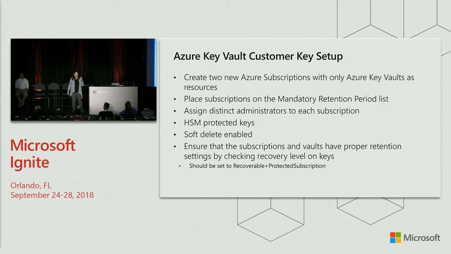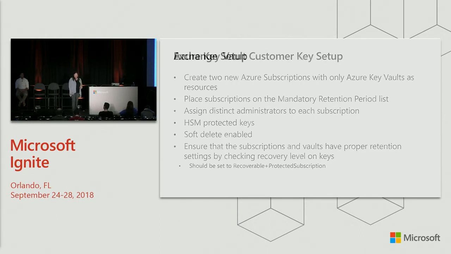If it's set to this particular value, then both of those things are on in your subscription and on your vaults. We actually check for that. So if you try to create a data encryption policy where the keys are not set to this particular value, it will fail. Because we want to make sure that you're protecting yourself as much as you can so you don't make your data go inaccessible to yourself.